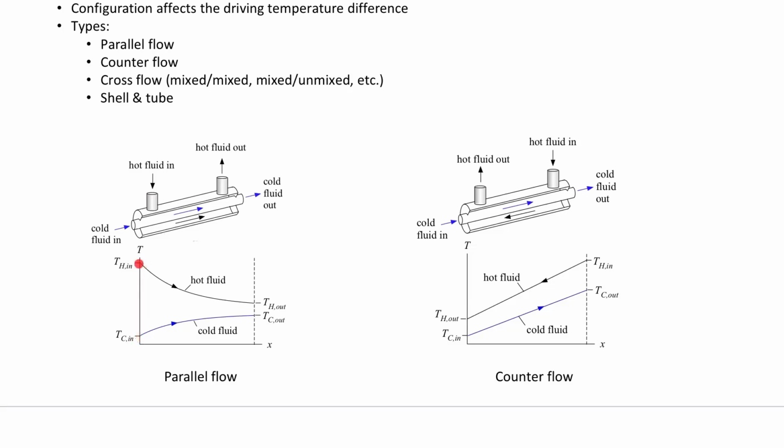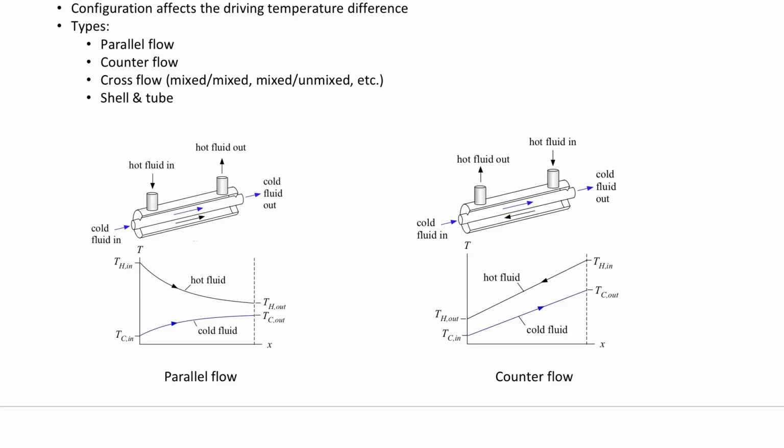We have the hot coming in here, the cold here. So at the very position where they come in, the delta T across the fluids is as high as it's going to be. So you transfer heat according to that rate. As you move along the position, you're losing heat from the hot, adding heat to the cold. The temperatures start to converge. And that delta T between the two fluids, the driving temperature difference for heat transfer, gets smaller and smaller.